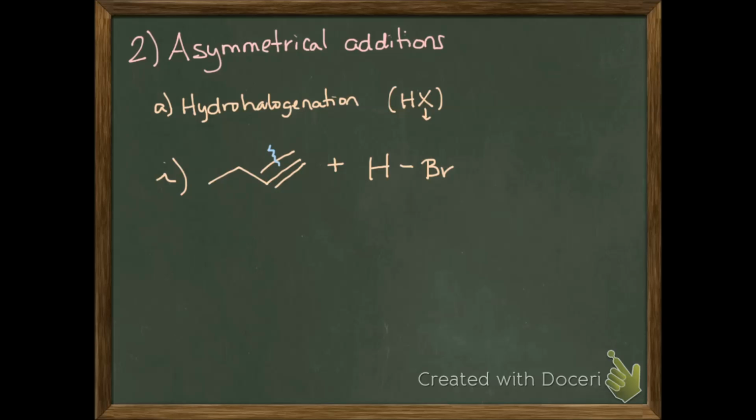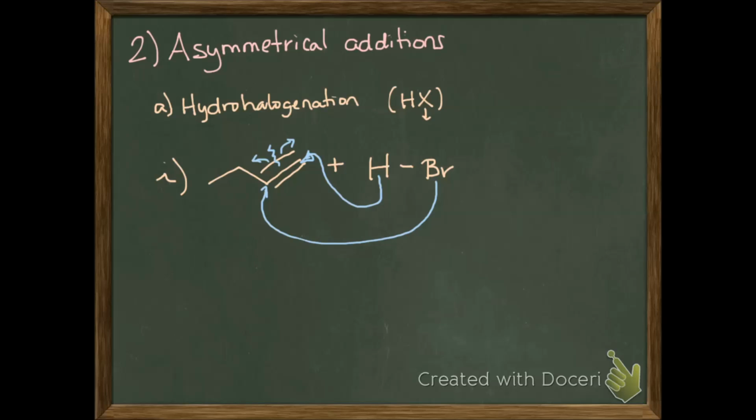Again, the triple bond in this case will break. And here, hydrogen will go to the carbon with more hydrogens. Bromine will go to the carbon with less hydrogens.